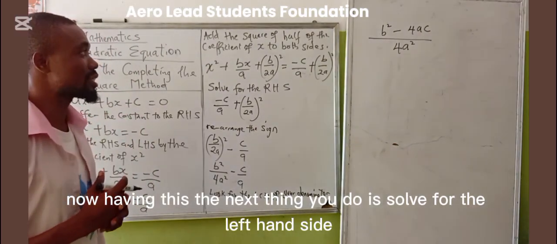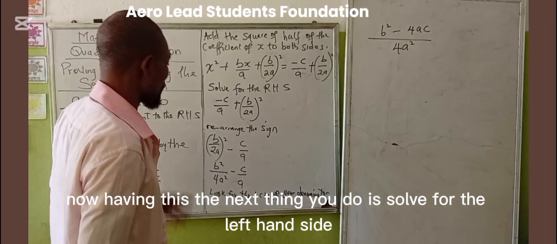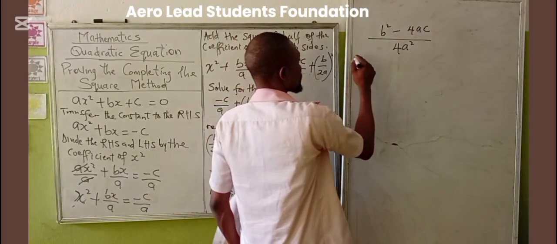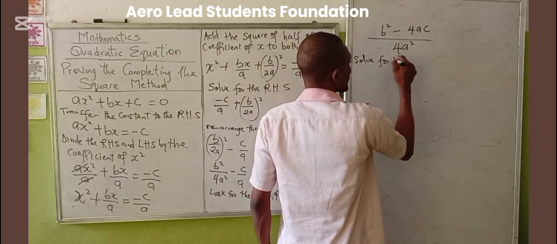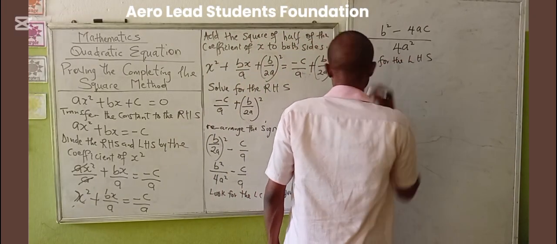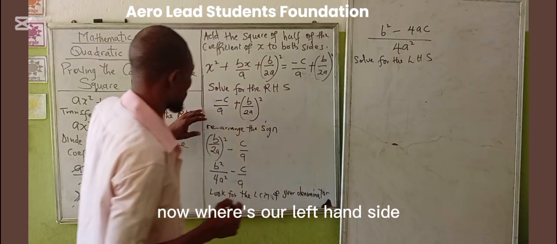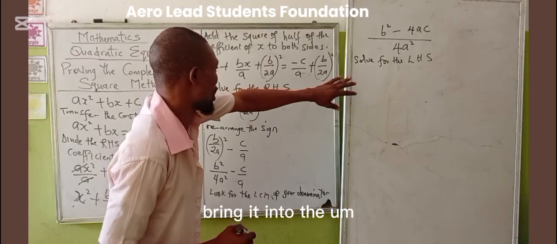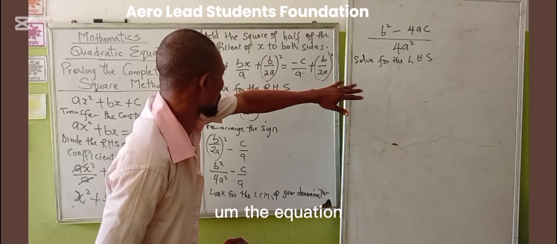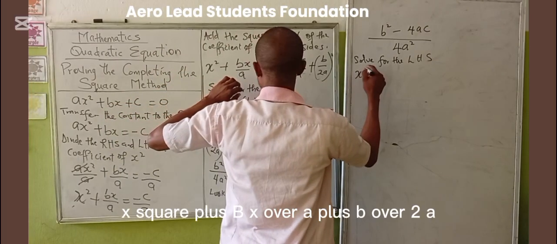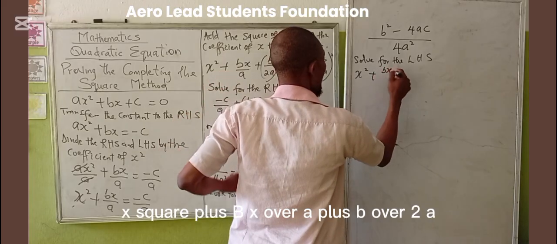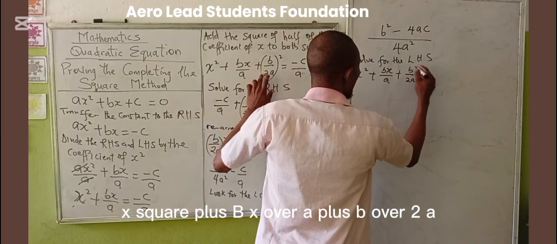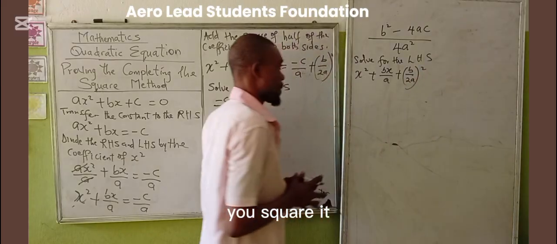Now, having this, the next thing you do is solve for the left hand side. Now, where's our left hand side? This is our left hand side. So bring it into the equation. We have x squared plus bx over a plus b over 2a, you square it.